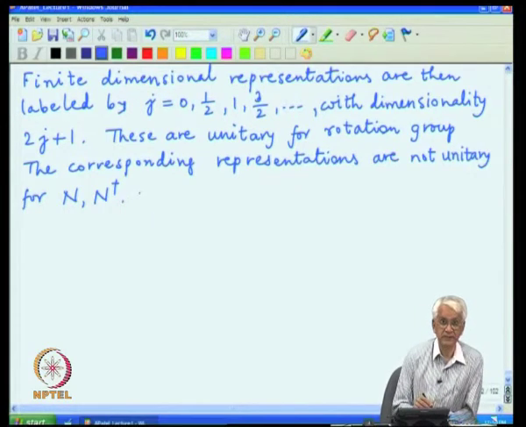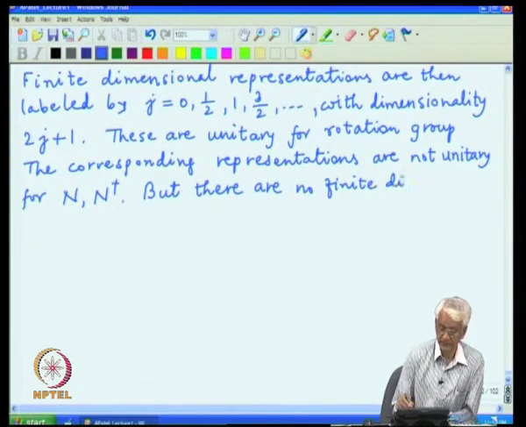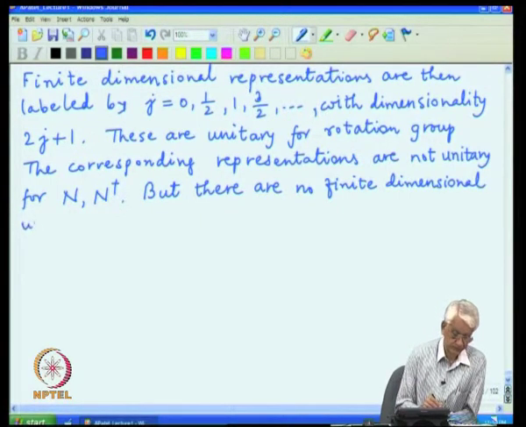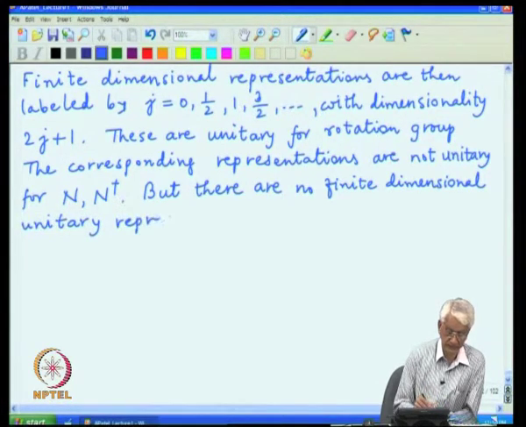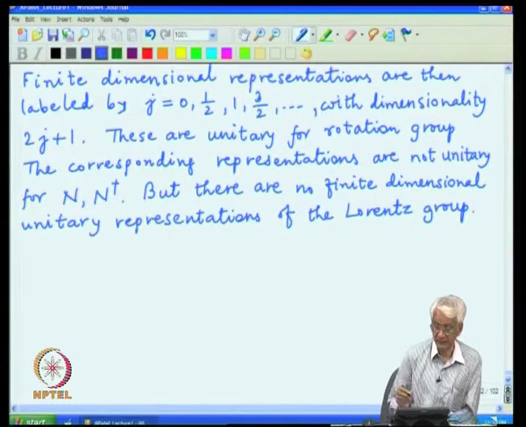But there are no finite dimensional unitary representations of the Lorentz group.